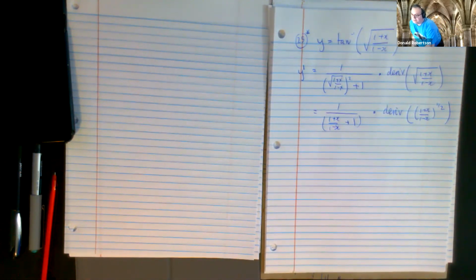Right. Now, if you square this square root, you get that guy, right? Multiplied by the derivative of this fella, who I'm now going to rewrite like that. So far, so good.